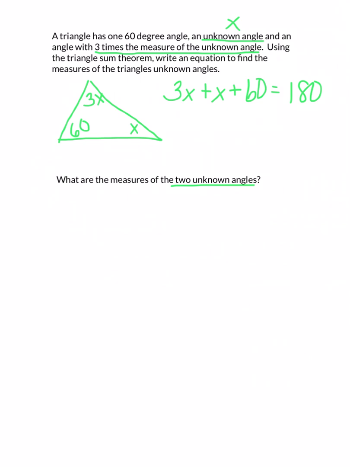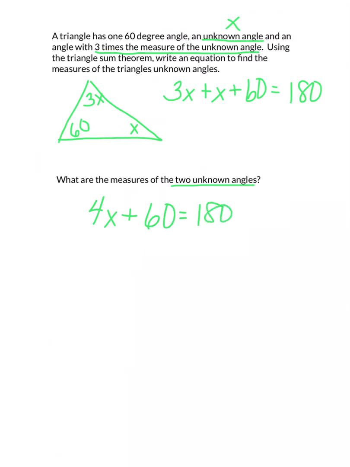So what I'm going to do is solve this equation right here. First thing I notice is I have to combine my like terms. 3x plus x is 4x. So 4x plus 60 equals 180.